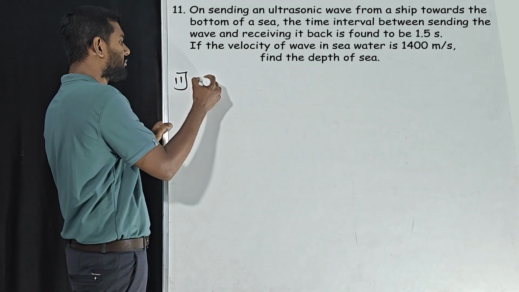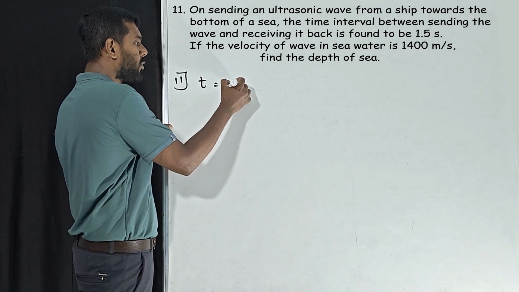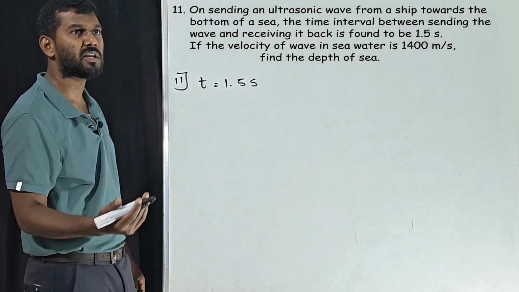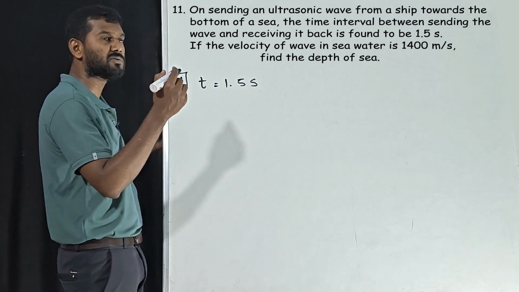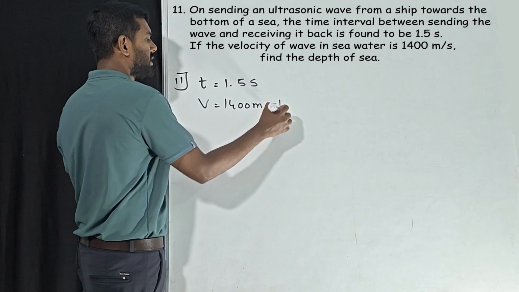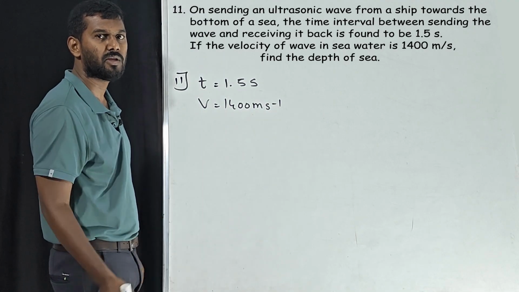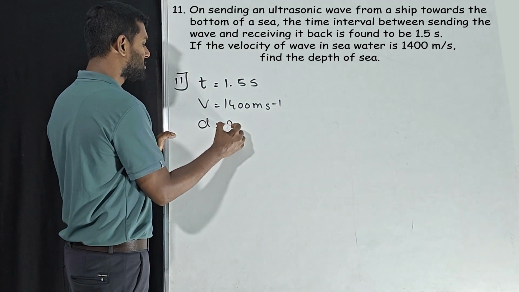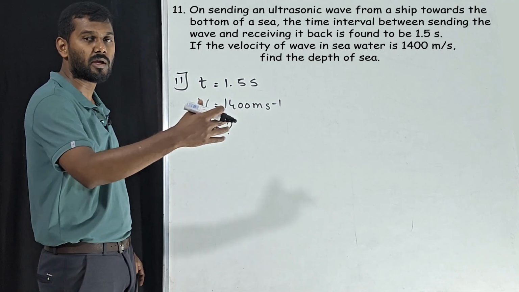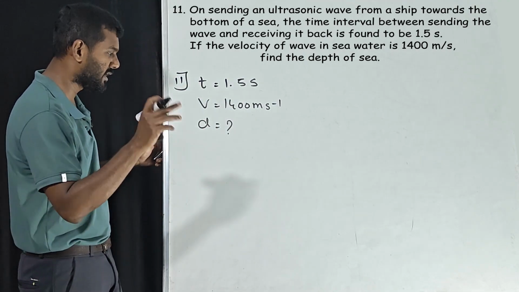So this is question number 11. Time is equal to 1.5 seconds. If the velocity of the wave in sea water is 1400 meters per second, find the depth of the sea. That is nothing but the distance. It's a very simple formula. This is related to echo because we are sending and receiving back, that is an echo.